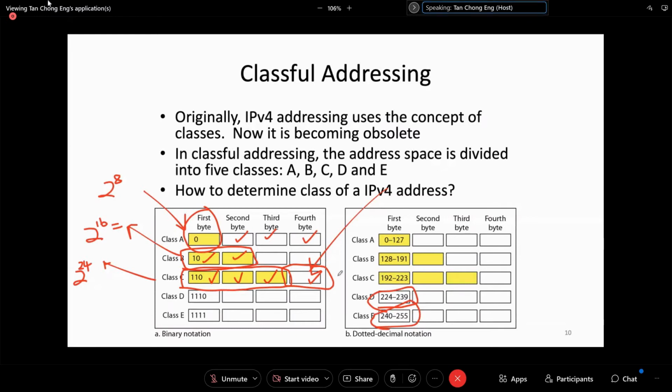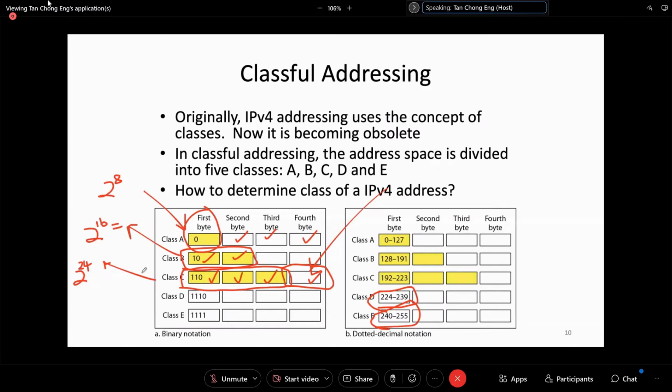So these are all the classful addresses. Meaning to say, if you have an organization, for example a big organization, let's say Unimas. Unimas says, my campus will probably have like 60,000 users. I will have 60,000 computers in my campus.